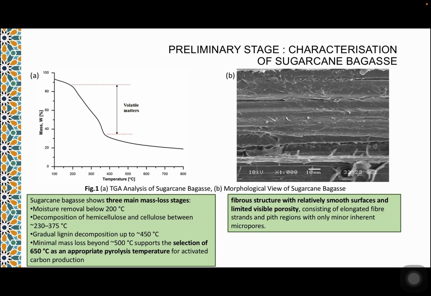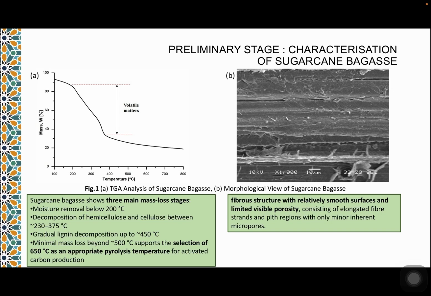So for the preliminary stage, as we can see here in figure 1A, it is a TGA analysis for sugarcane bagasse. From the figure, it shows that sugarcane bagasse has 3 main mass loss stages. Its moisture is removed below a temperature of 200 degrees Celsius, followed by the decomposition of hemicellulose and cellulose between 230 and 375 degrees Celsius.